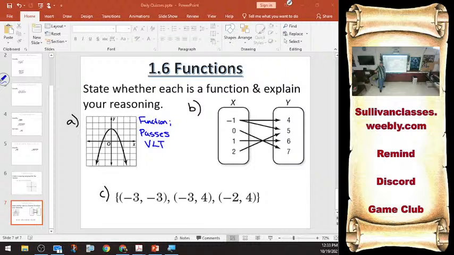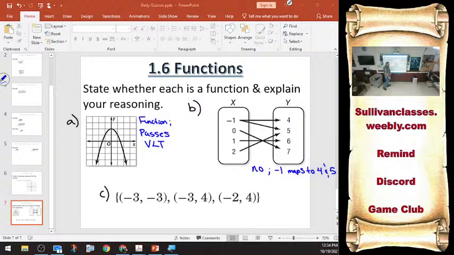Oh, whether it's a function or not. If you say yes, passes vertical line test, I'll take that. Yeah, because that was the question it asked in the directions. Well, I did that throughout the entire session. Yeah, that's fine. This one I will say, okay, no, it is not a function because -1 maps to 4 and 5.